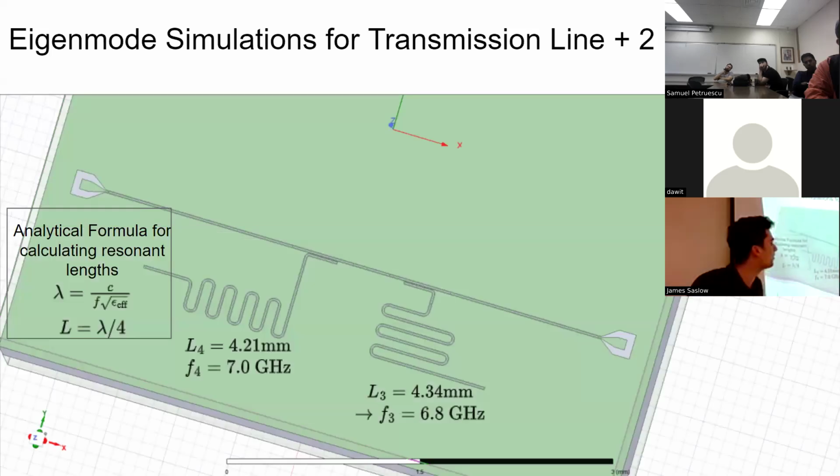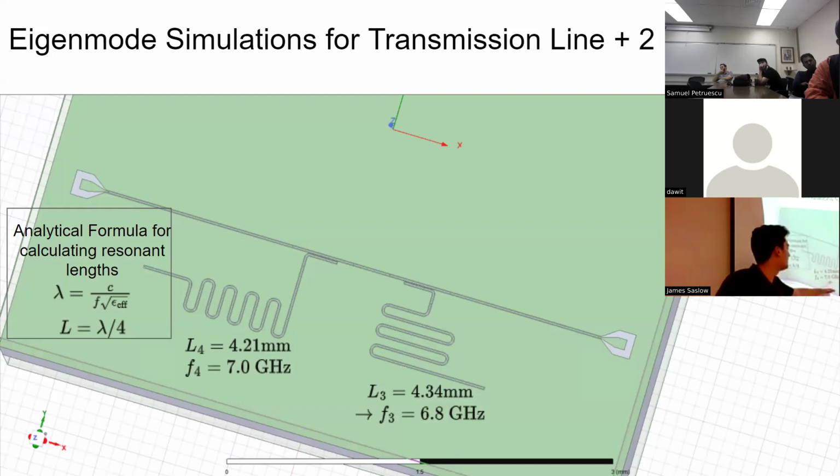And we can see that more thoroughly through some eigenmode simulations. So there's an analytical formula for calculating what the resonant frequency is for each of these meanders, just by this formula here.